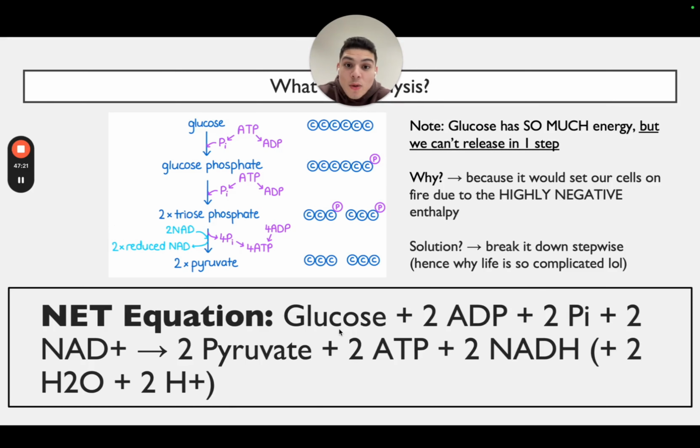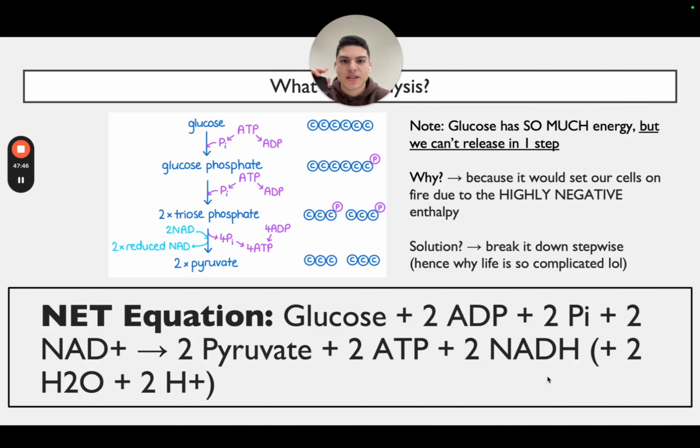So, as you can see, the net equation is for glycolysis, not for the whole cellular respiration. For glycolysis, we're converting one glucose molecule into two pyruvates. So right here are the two pyruvates. Each pyruvate is 3 carbons long, so if we add 2 together, that forms our 6. And at the end of it, the net, again, this is the thing, it's net, we form 2 ATPs that the cell can use and 2 NADHs.